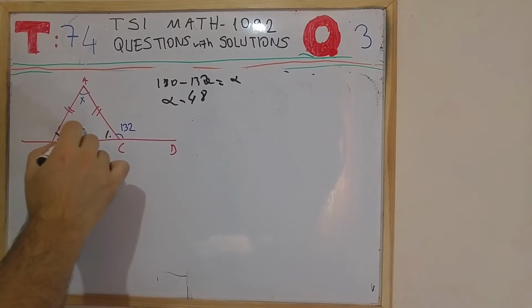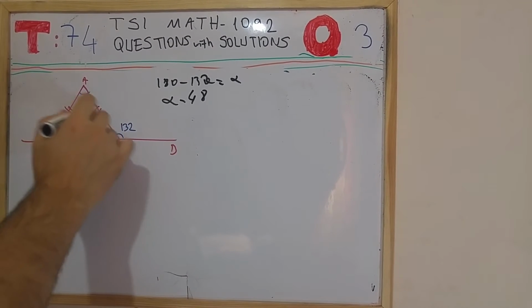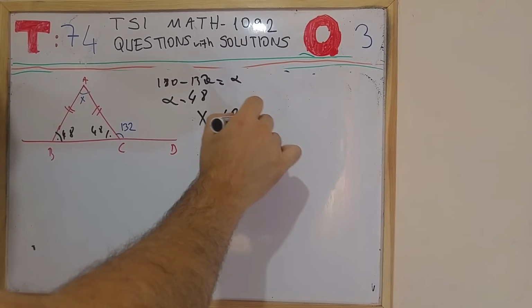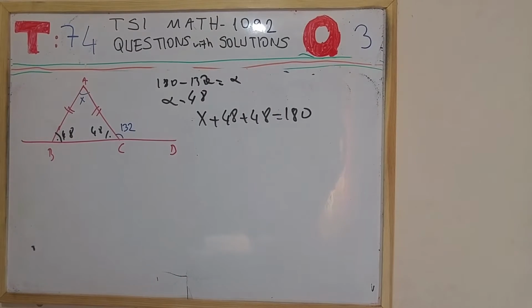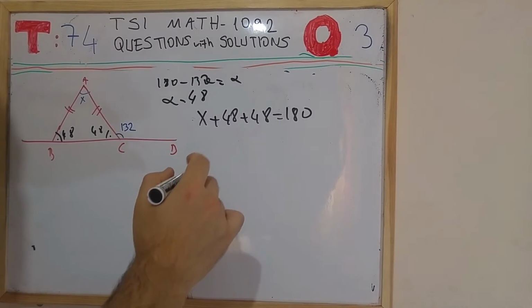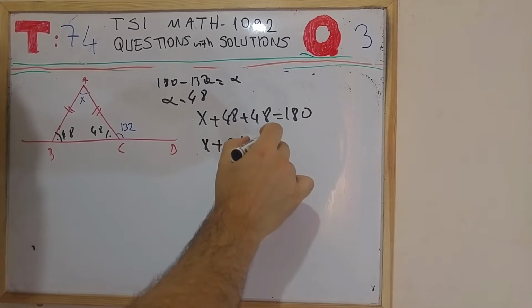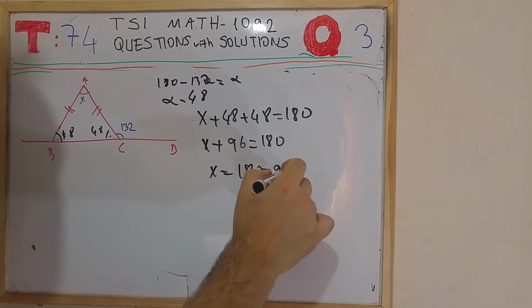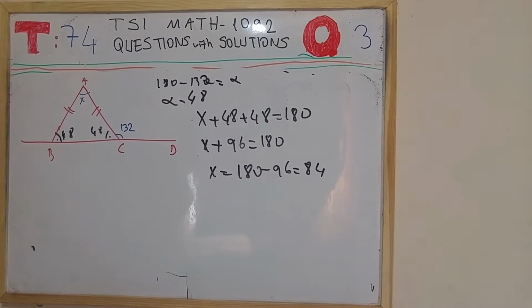That's why this must be equal to 48 too, since both of them must be equal to each other. And summing up these three angles, x plus 48 plus 48 is again 180. Then x plus 96 is equal to 180, and x is equal to 180 minus 96, that is equal to 84 degrees.